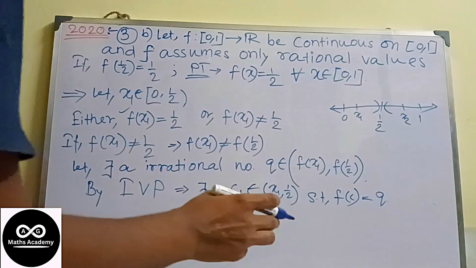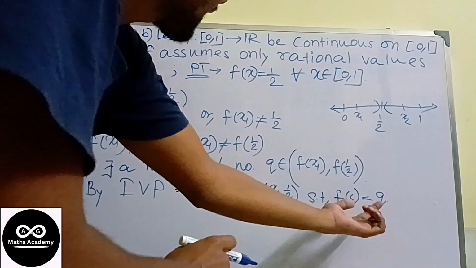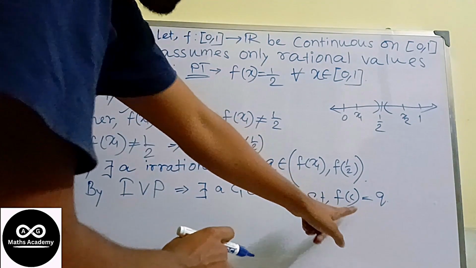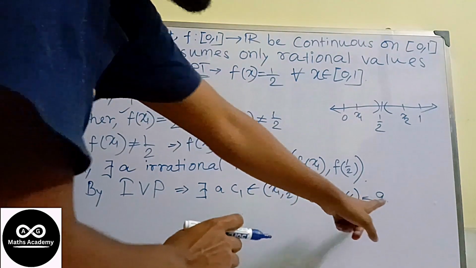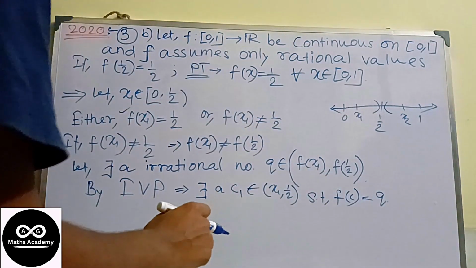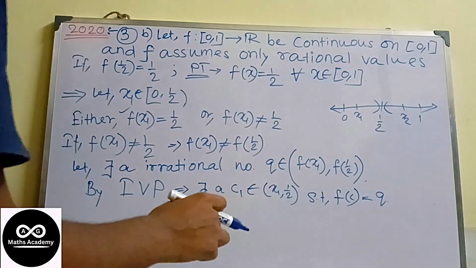But this cannot happen, as it is contradicting the fact that f assumes only rational values, but q is irrational here.